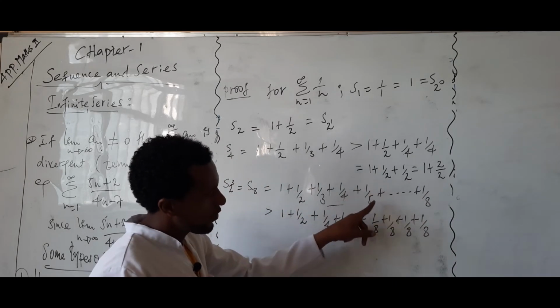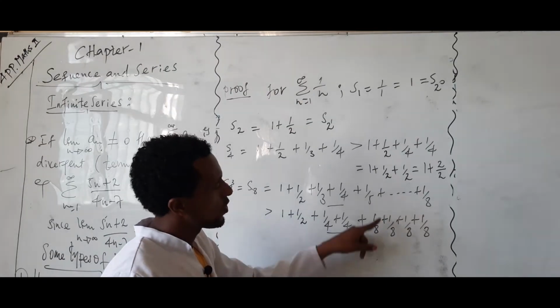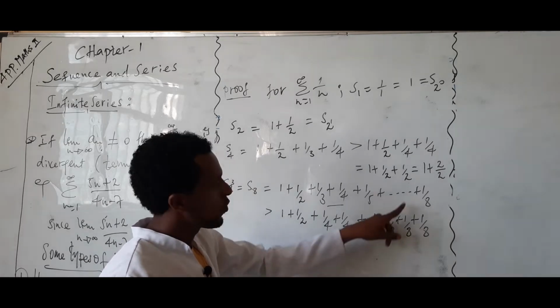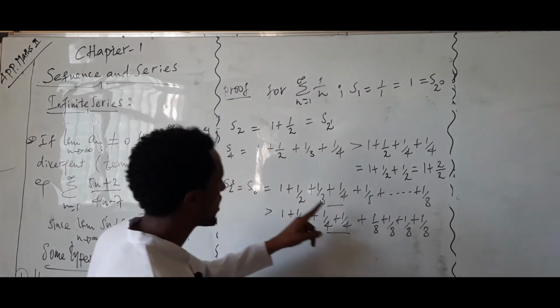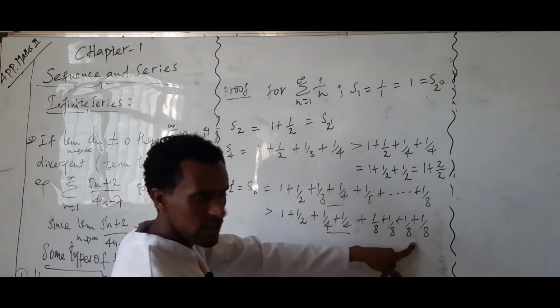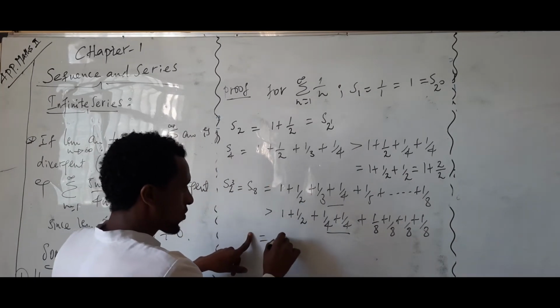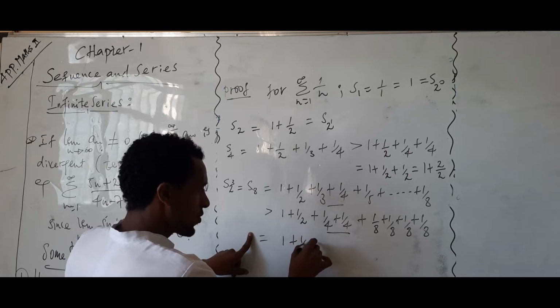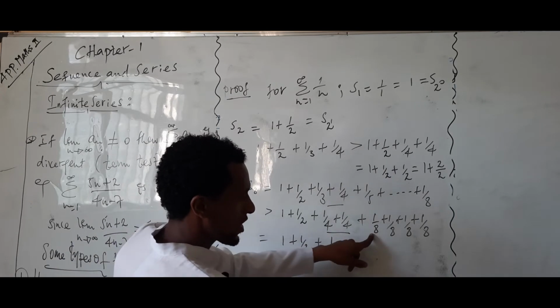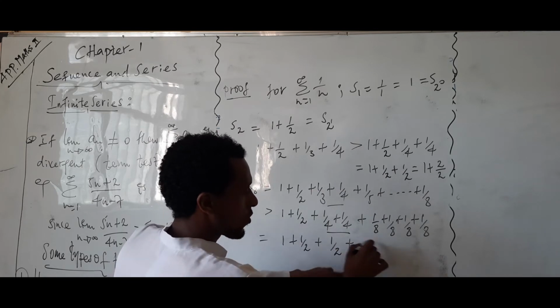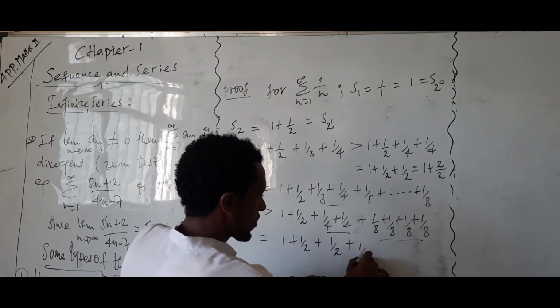Since 1 over 5 is greater than this one, 1 over 6 is greater than this, 1 over 7 is greater than this. So S8 is greater than this term. That is equal to 1 plus 1 over 2 plus 1 over 2 plus 1 over 2.